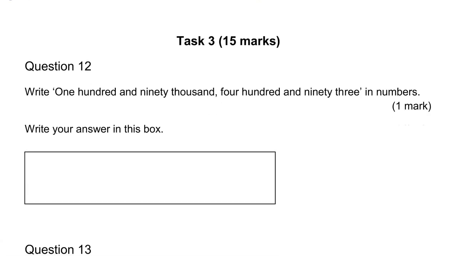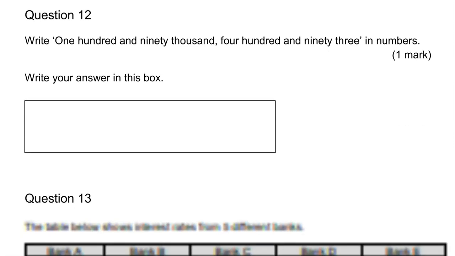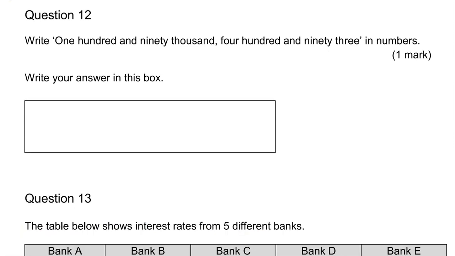Task 3. Write 190,493 in numbers. Write your answer in this box. So let's just break this down using the comma to help us separate.